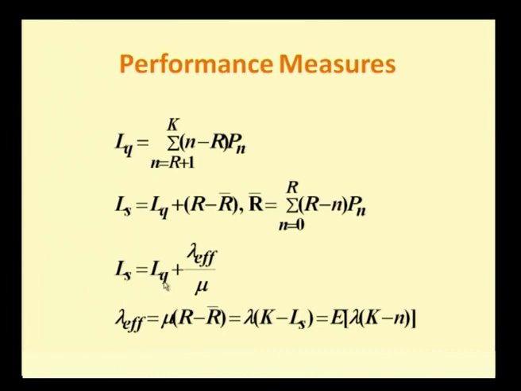LS is also defined as LQ plus lambda effective by mu, where lambda effective is mu into R minus R bar, or it is rewritten as lambda times K minus LS, which is nothing but the expectation of lambda times K minus N. Now, lambda effective is to be written here because we have this restriction on the capacity of the system. Hence, we need to use lambda effective in order to find the performance measures.